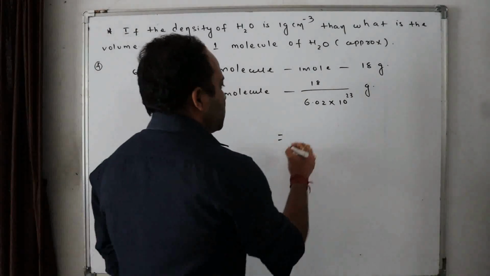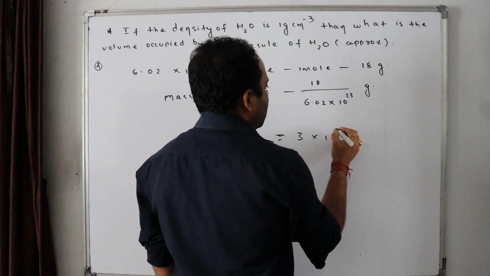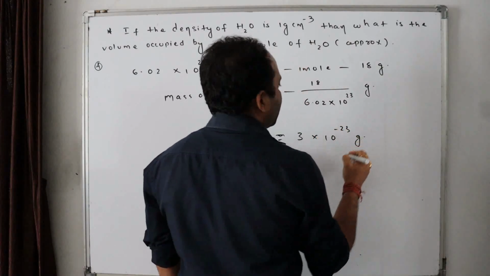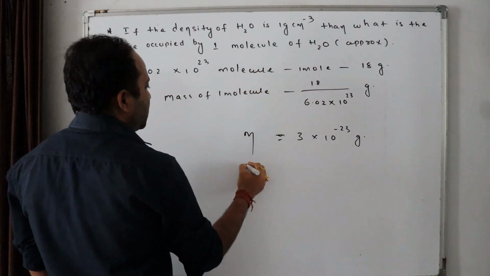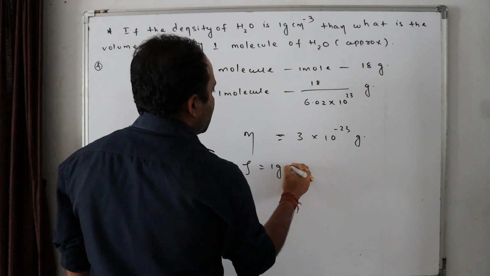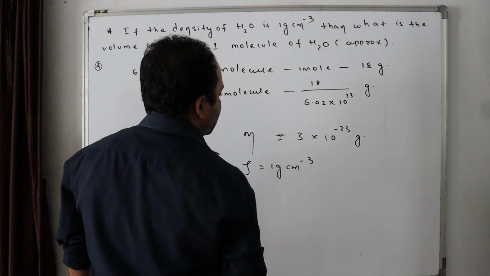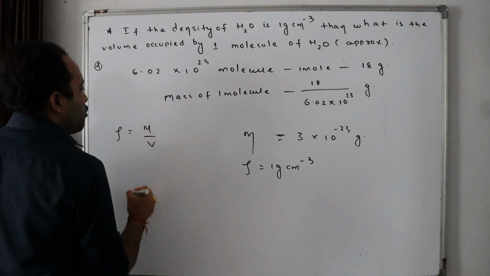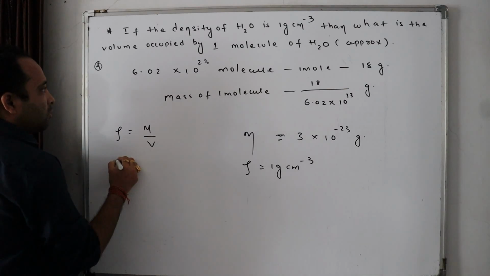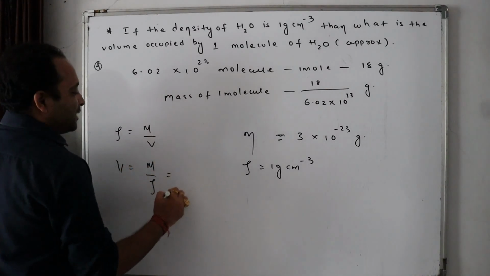Now it comes how much? Approximately 3 into 10 to the minus 23 grams. Now we got the mass. We know the density is 1 gram per cc. Now density is equal to mass by volume, isn't it? So volume is equal to mass by density.